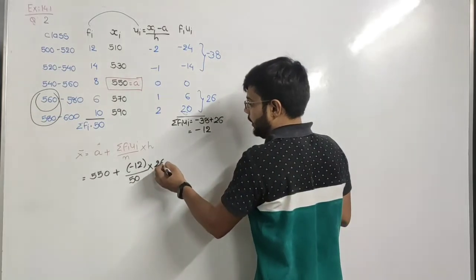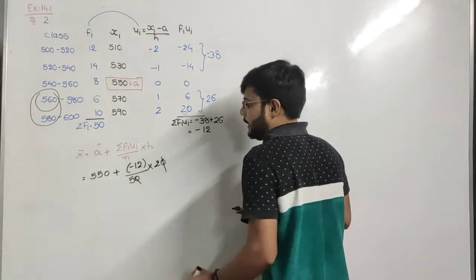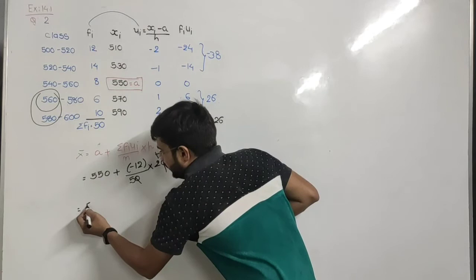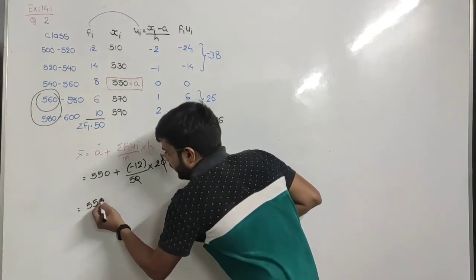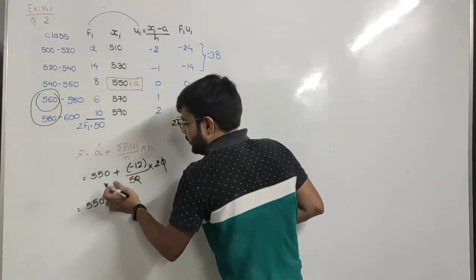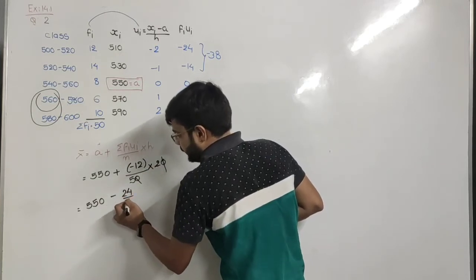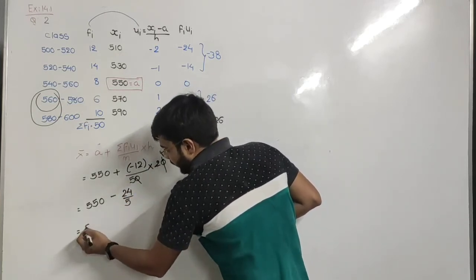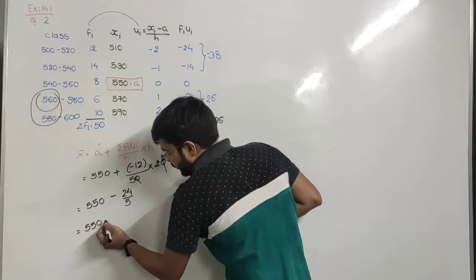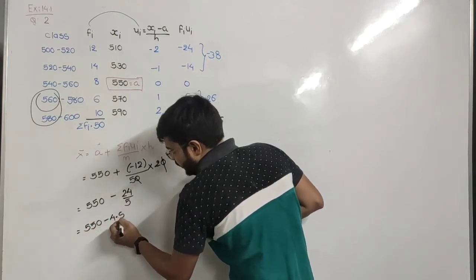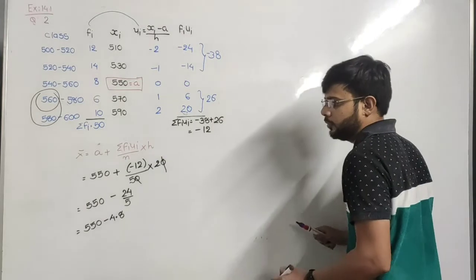So 550 plus minus 12 times 20 by 50, that is 24 by 5, so this will be 550 minus 4.8, if we divide 24 by 5.